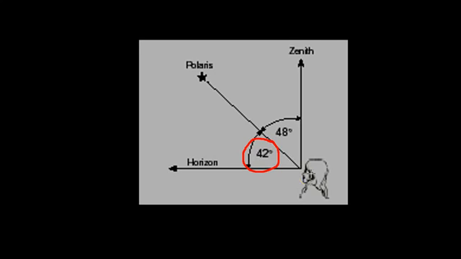This person is standing at 42 degrees north. This information here, this 48 degrees, has no bearing on your latitude at all. It's extra information in the diagram that we don't really need to know. As long as we know our altitude of Polaris is between the horizon and Polaris, that's where we'll find our line of latitude.